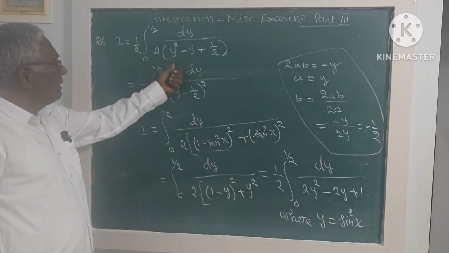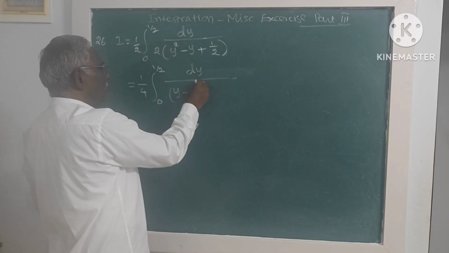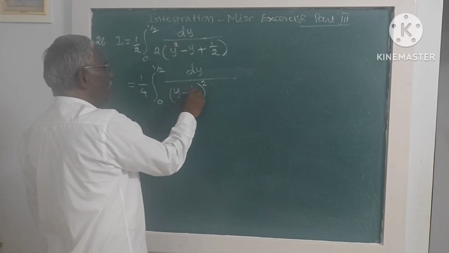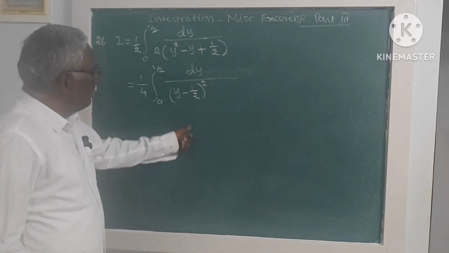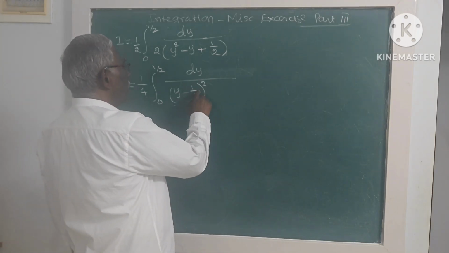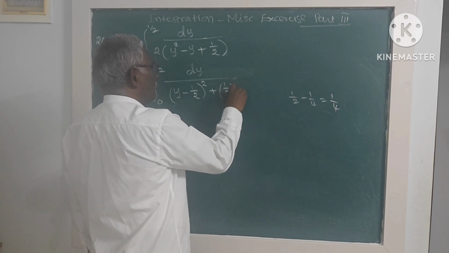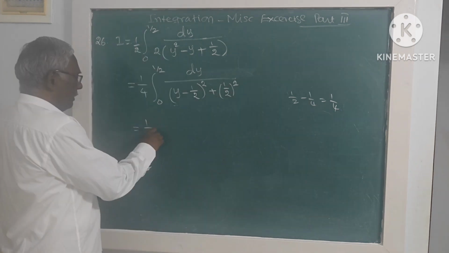So this is a minus b whole square, and y square minus 2y into half is minus y, plus 1 by 4 is there. So we can write this as y minus half whole square plus 1 by 2 whole square.